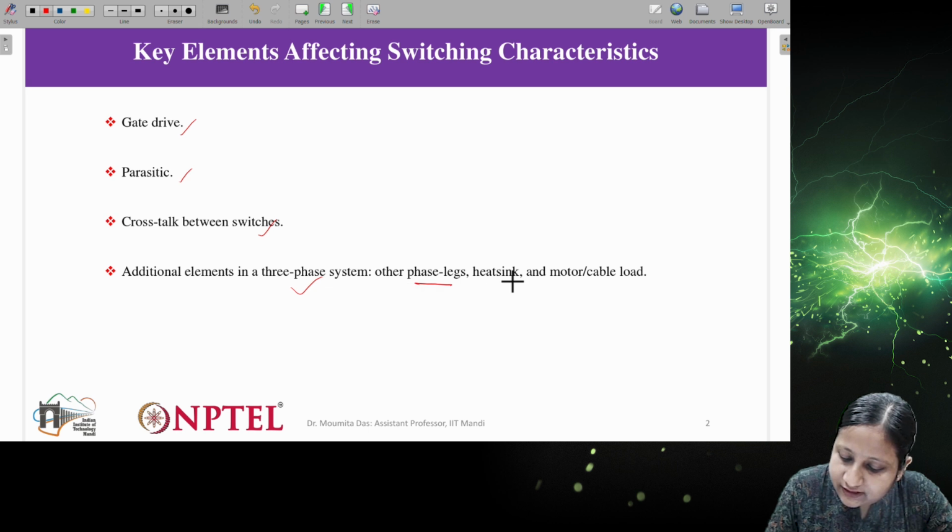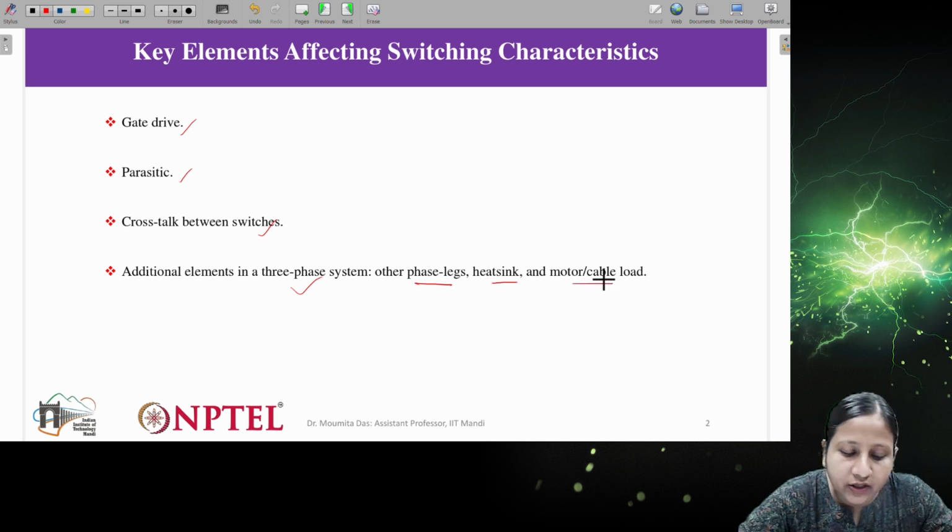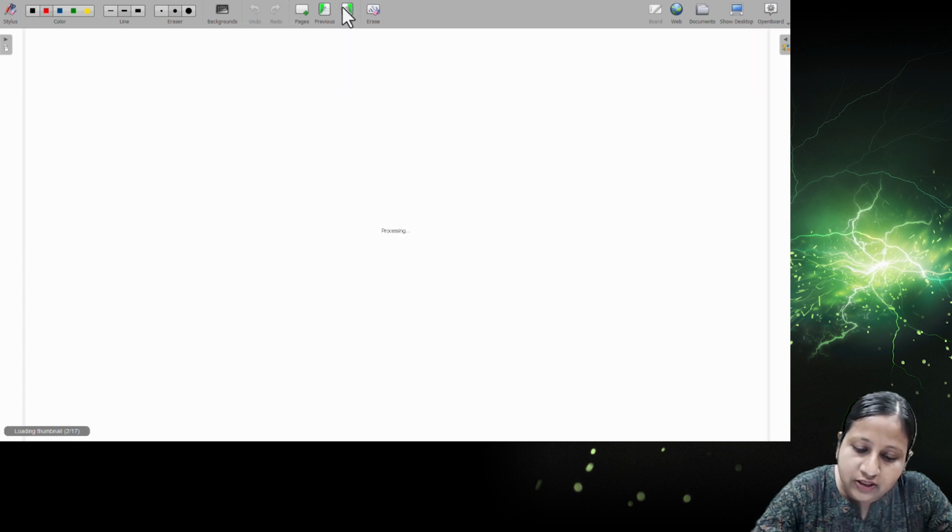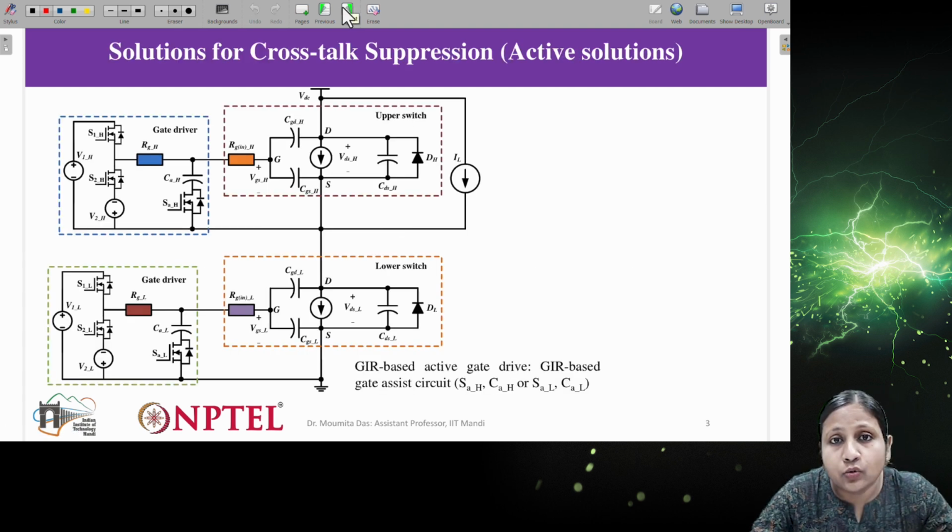So they are phase lag, heat sink, and motor or cable load. Now we are discussing this crosstalk, so let's see the active solutions which are existing or which can be a possible solution for wide bandgap devices for this crosstalk mitigation.